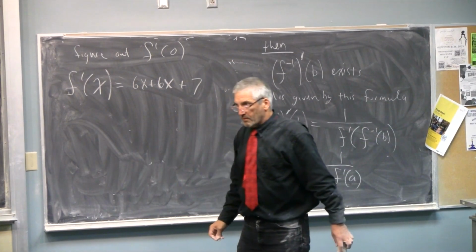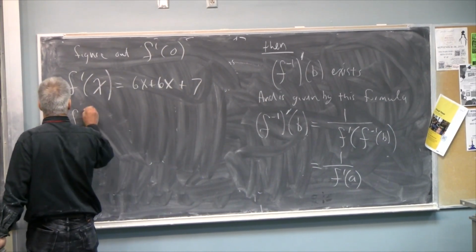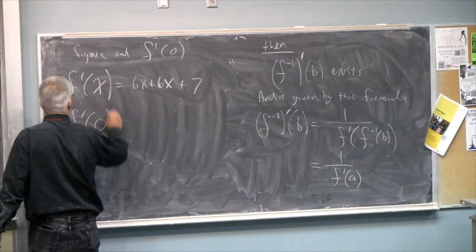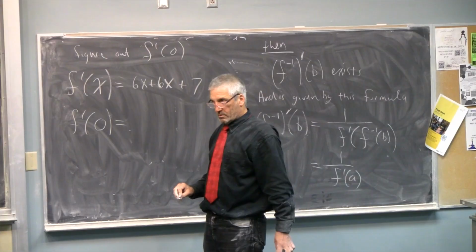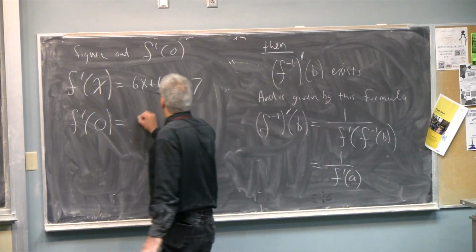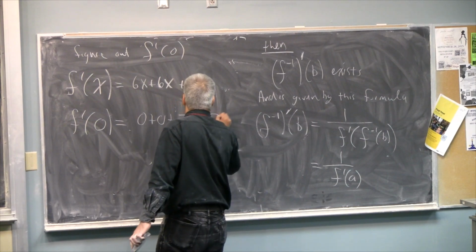Great. I'll pay you later. Thank you. All right, so now for the big money, double your money. What's f prime 0? 7. Yeah. 0 plus 0 plus 7, so it's the number 7.